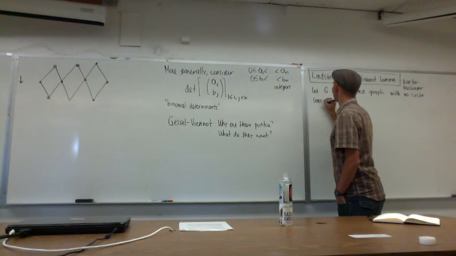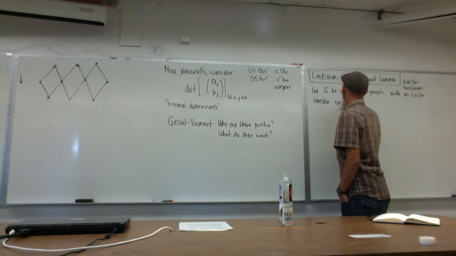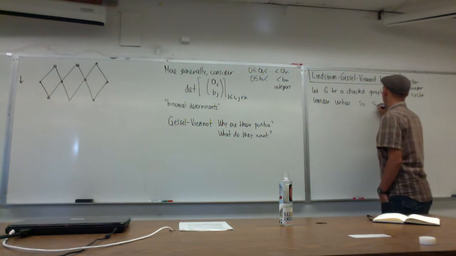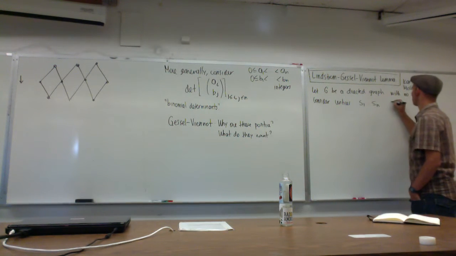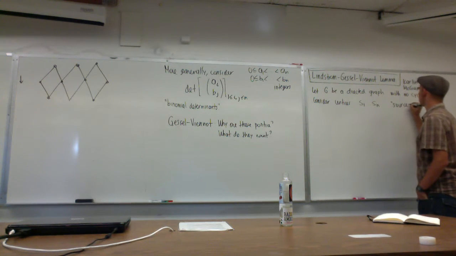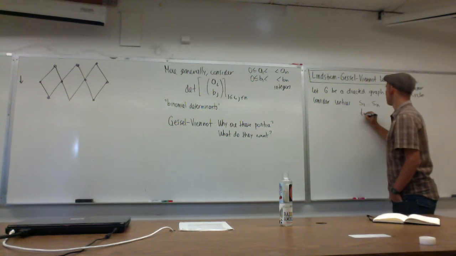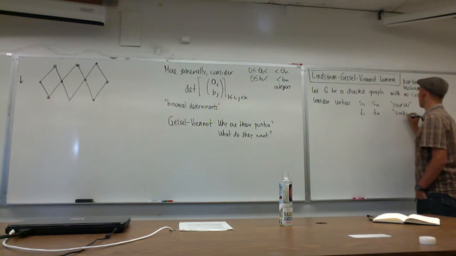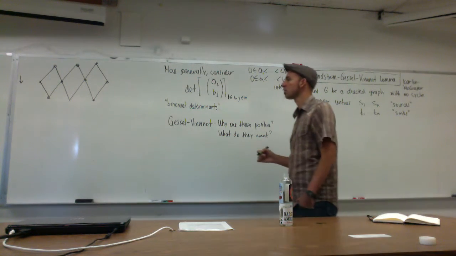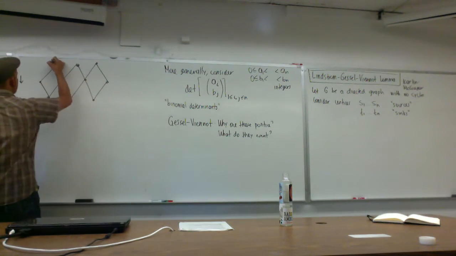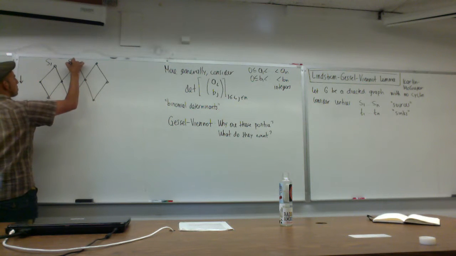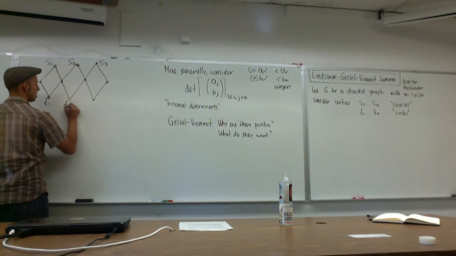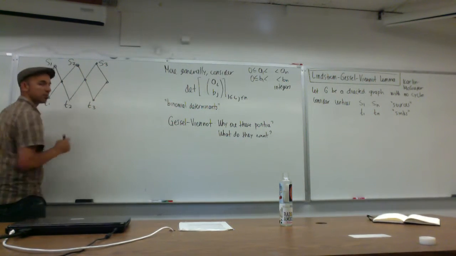Consider vertices S1 up to Sn, which we're going to call the sources, and T1 up to Tn, which we're going to call the sinks. So in this case, this is going to be S1, S2, S3, and this is going to be T1, T2, T3.